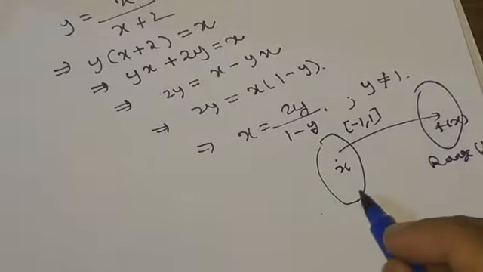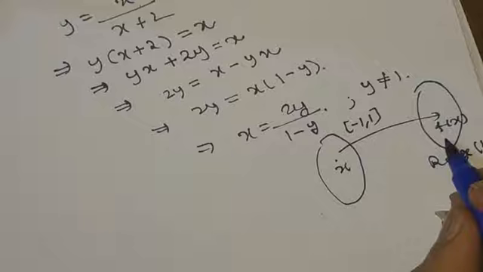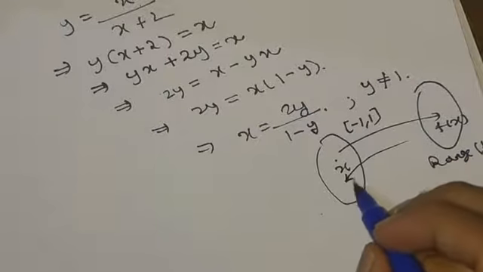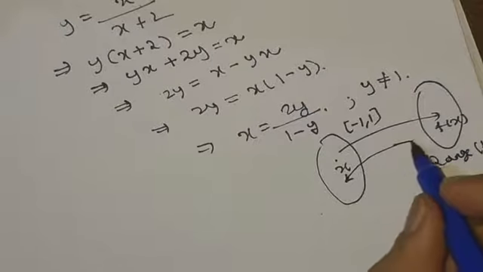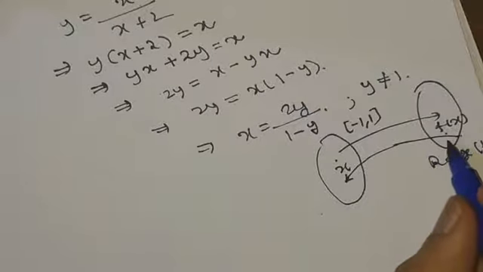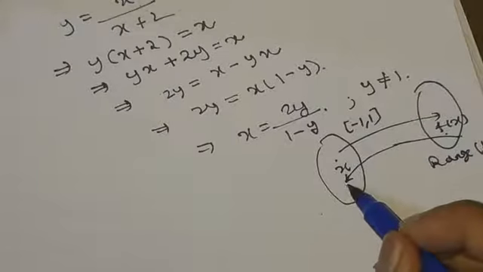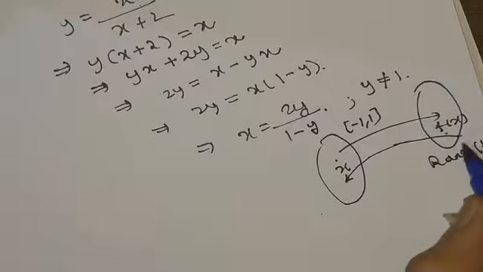Now suppose we want to find the inverse. Inverse means what? A function which takes the elements from the range of f to the domain of f. So it is like reverse, you are doing reverse here. So you are going from the range of f to the domain of f.